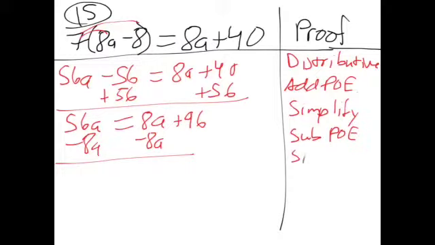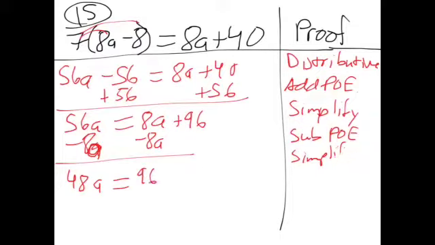If I then simplify, I will be able to do a little bit more work on this. 56a minus 8a is going to give me 48a. And on the right side, I'm still going to have 96.